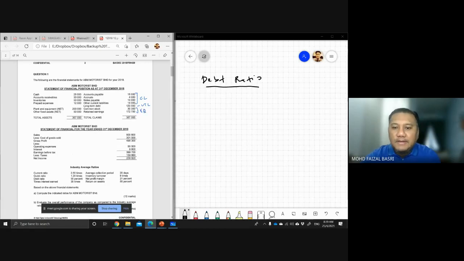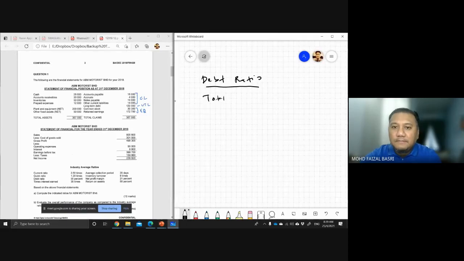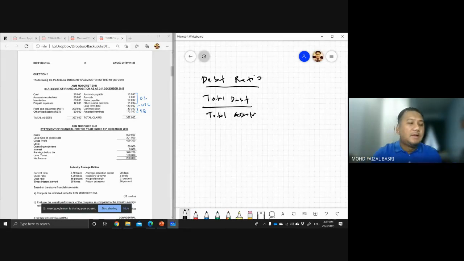So to find the total debt, because the formula is total debt divided by total assets, right? The total debt includes the current liabilities plus the long-term liabilities. Last week I wrote the total, but since I already erased that, I have to calculate again. 16 plus 4 plus 10 plus 14,000, and then plus 120,000.